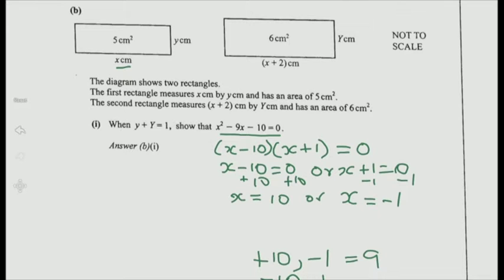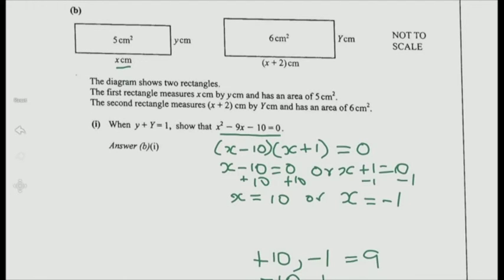Looking at the two roots, x can be 10 or x can be negative 1. So to get the perimeter, you should be able to choose the appropriate root there. Do we use the 10 for x, or do we use the negative 1 for x?